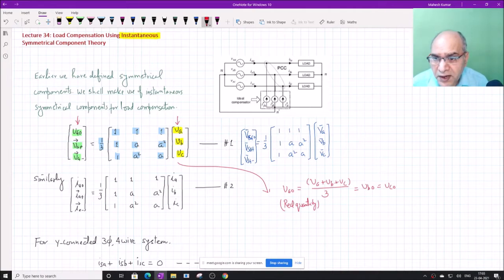But if you see VA plus, the instantaneous positive sequence component, I use the term bar or arrow over the VA plus. The arrow has come because the nature of VA plus arrow is a complex number. So this is 1 by 3 times VA plus a into VB plus a square into VC.